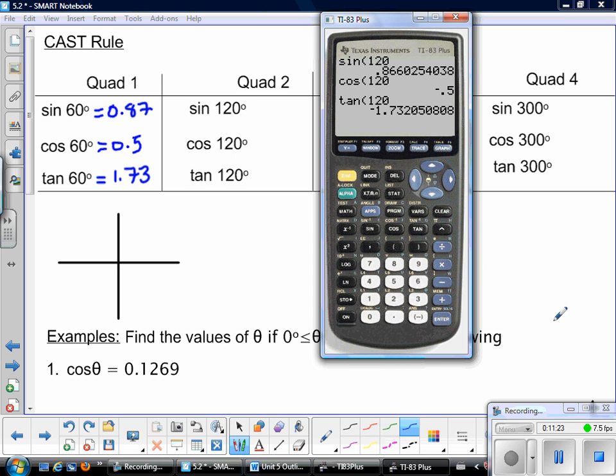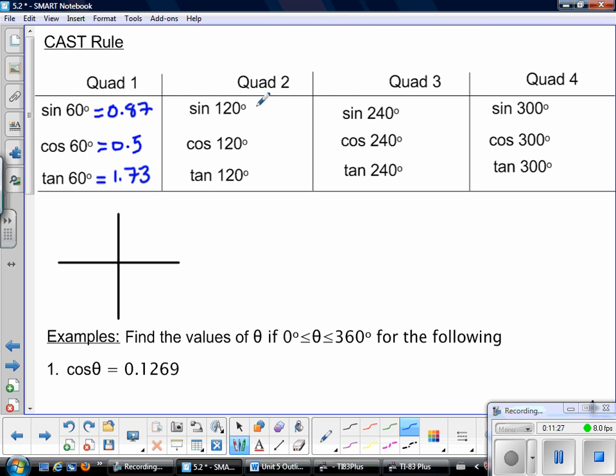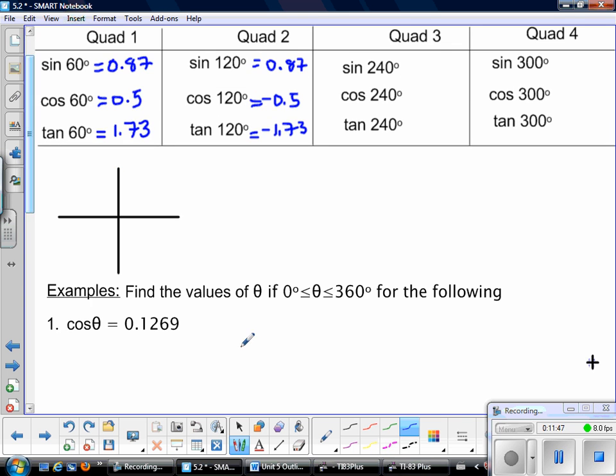That's important to look at. So I'm going to copy those down. This one was positive still. This one was negative 0.5. And this one was negative 1.73. So that's making me think that maybe these have the same right angle triangles, but just in a different quadrant.